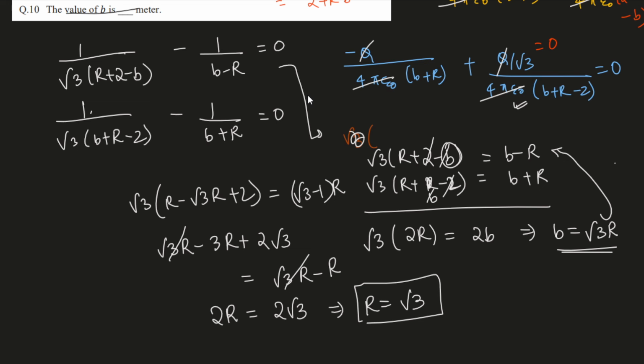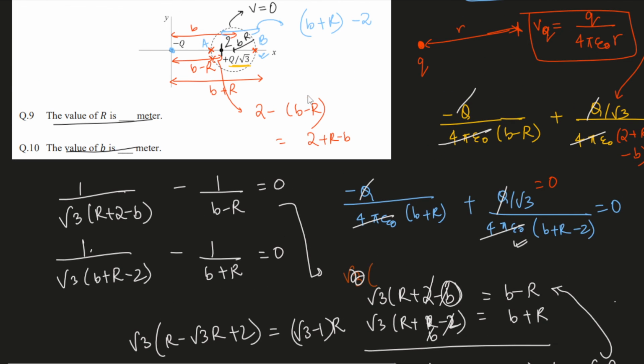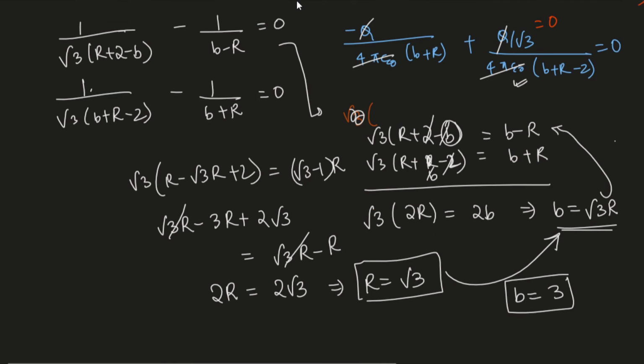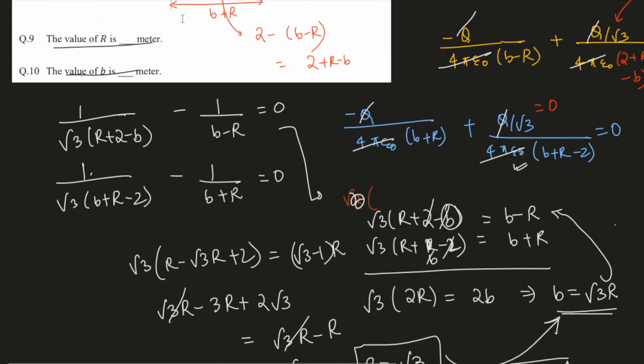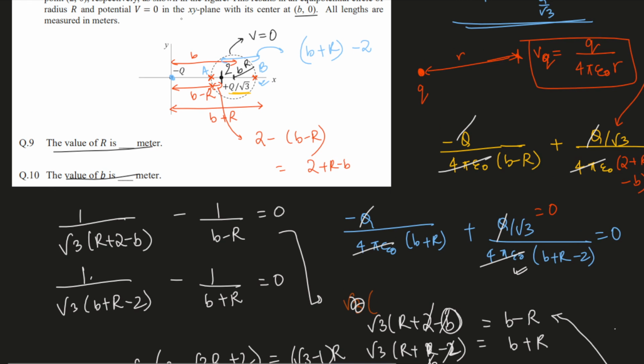Putting it back in this equation gives b equal to 3. So those were the two questions we had to answer. The radius of this equipotential circle comes out to be square root of 3, and since the answer had to be in 2 decimal places, that would be 1.73. And the value of b, the x-coordinate of the center of this circle, is 3.00.